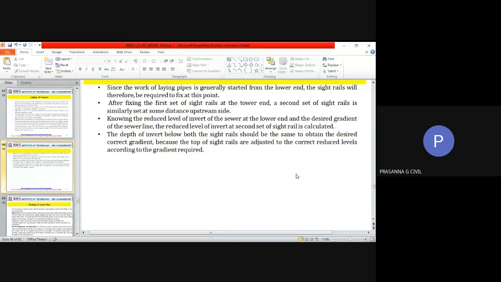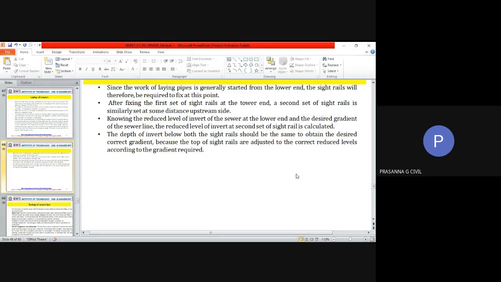So you decide what is the RL at every 5 or 10 meter intervals, and then you go searching for that RL so that you are able to allow the water from the weir to flow by gravity itself through the canal. So in a similar way, if you know the level at that point, for further across, you will be able to calculate the RLs and go.